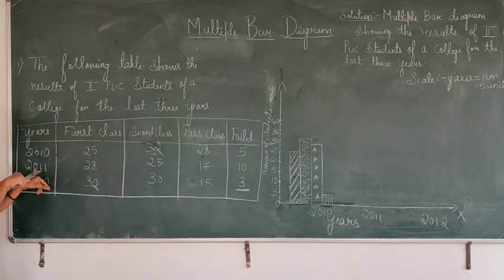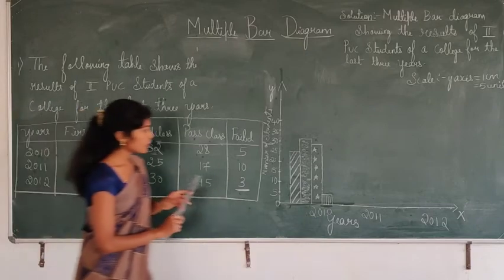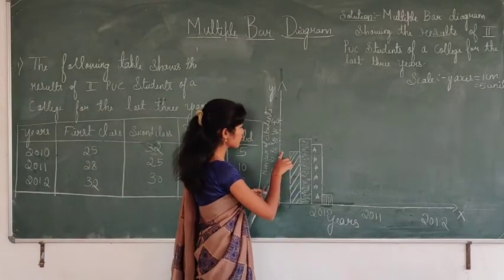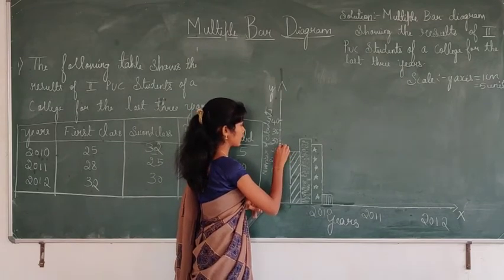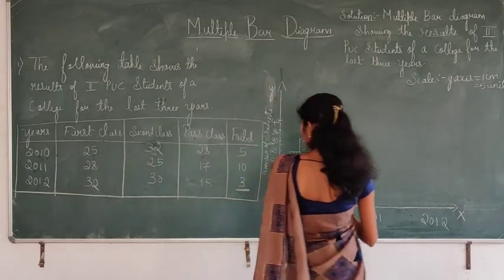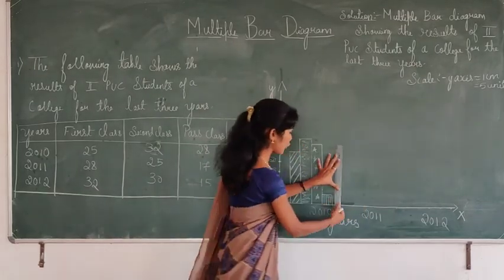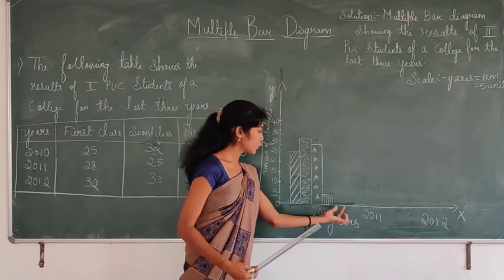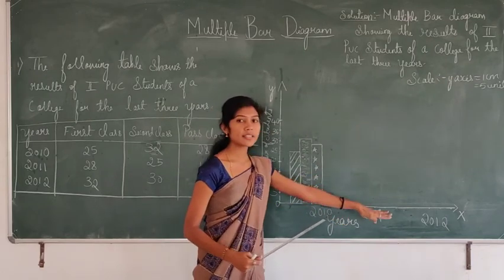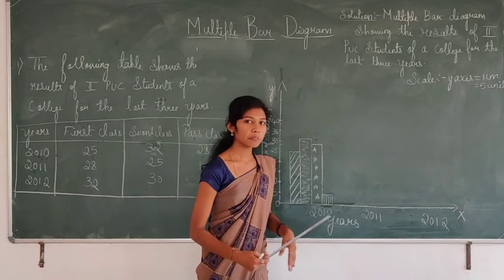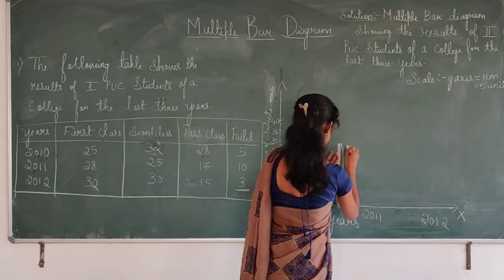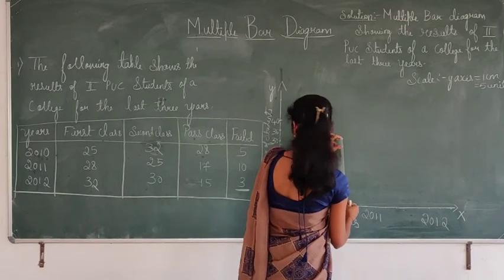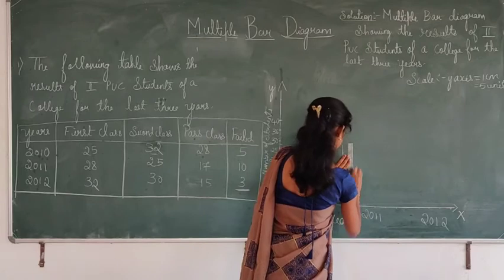In the year 2011, the number of students who have secured first class is 28. So 25 is here, 28 will come somewhere here. Here you need to give a gap of 1 centimeter and then start drawing the next set of bars.